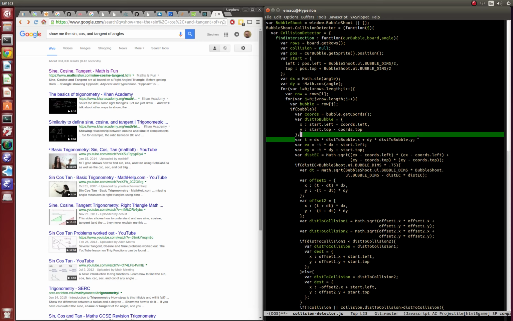Honestly, I just don't get why this works, what it's doing. The rate of change for the bubble on the x-coordinate times the actual distance to bubble x. Why would that give you the closest point, or the ratio at time t? Or why would the summation of these two things give you the t value?